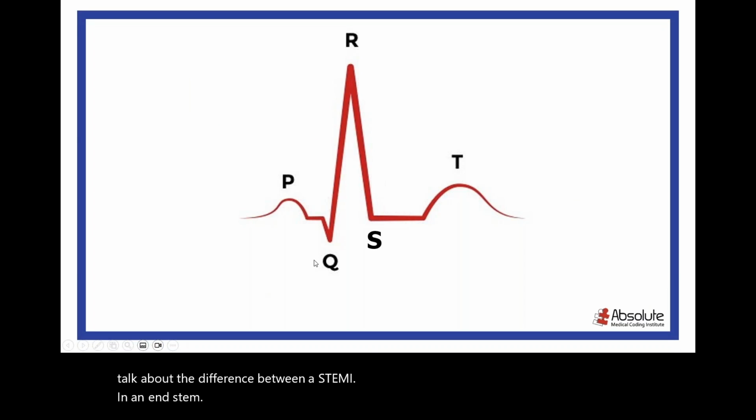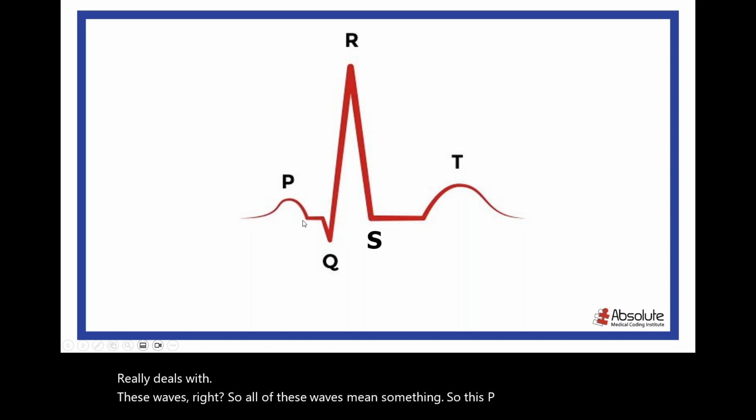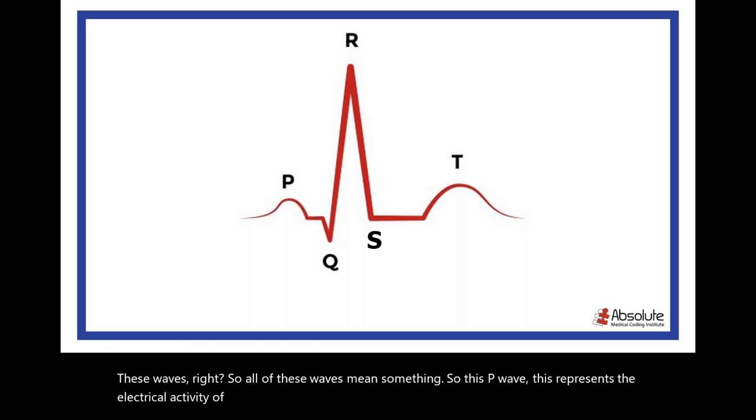All right, so STEMI really deals with these waves, right? So all of these waves mean something. So this P wave represents the electrical activity of the atria or atrium.